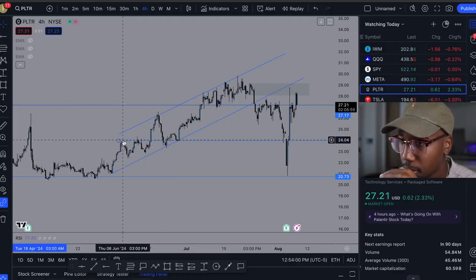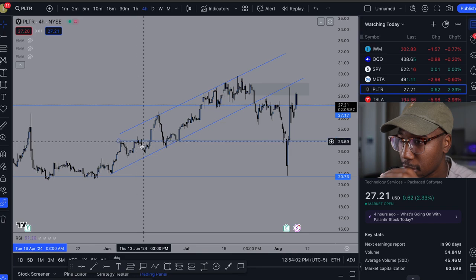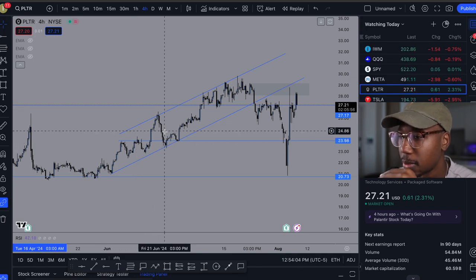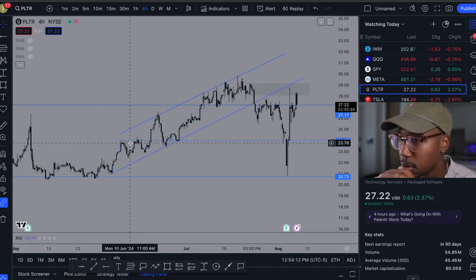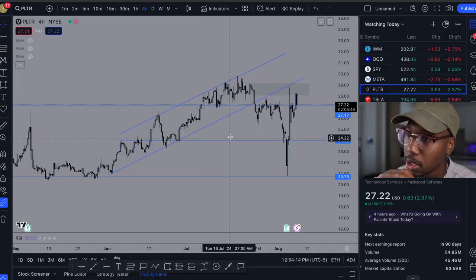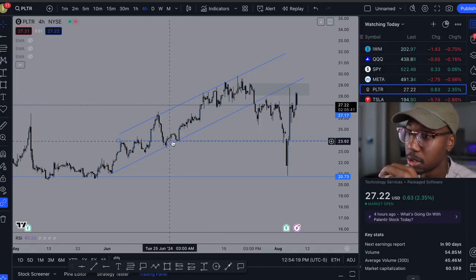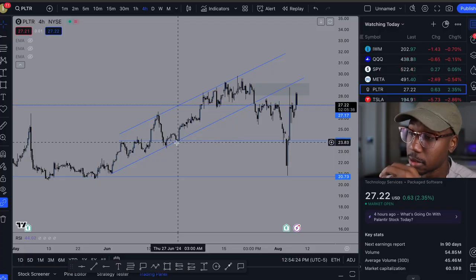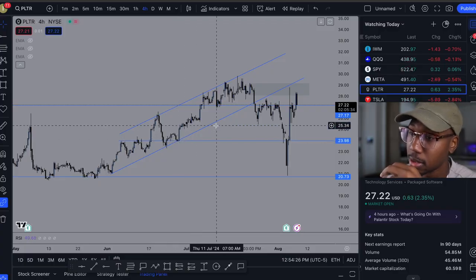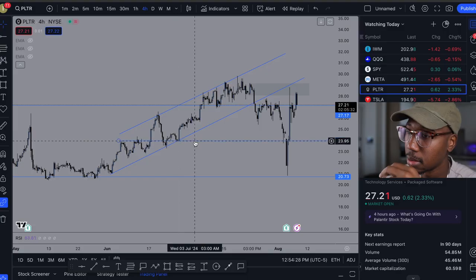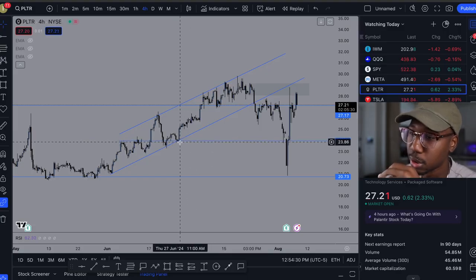You see it comes up here, has a little bit of trouble getting over. Then we come back below. You can use support and resistance as levels for the trade along with trend lines. So when you're taking trades, you could take from this support here, from this trend line, and also from this line of support and resistance.